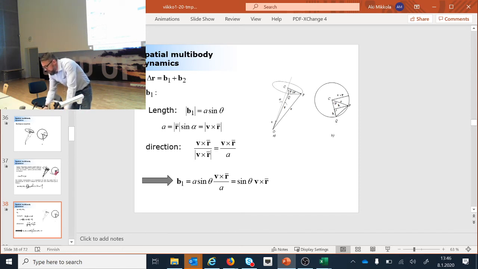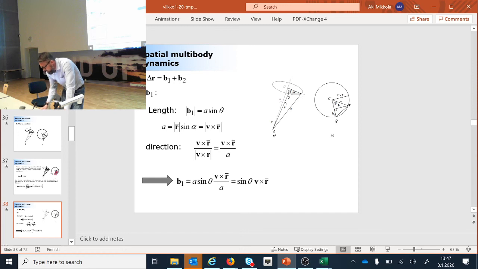So this will be the length, and the direction will be exactly the cross product of V and the V of R bar. And this is the one I'm not able to make the drawings for here. He's not going to cooperate with me, but that's how it goes. I make this just a length. I'm going to take the length of the V vector and divide it by its original length. That's how it goes.